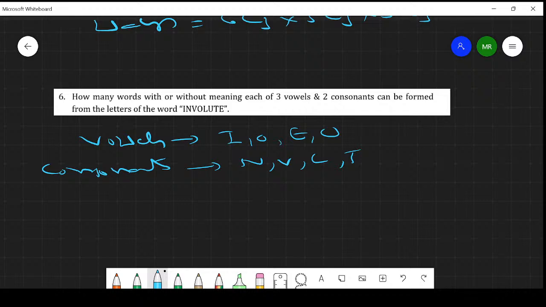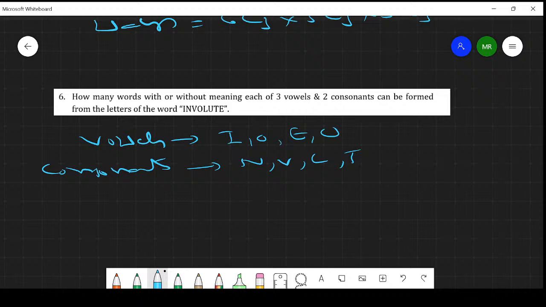They are asking for words each formed from 3 vowels and 2 consonants. That means we select 3 vowels out of 4, and 2 consonants out of 4.